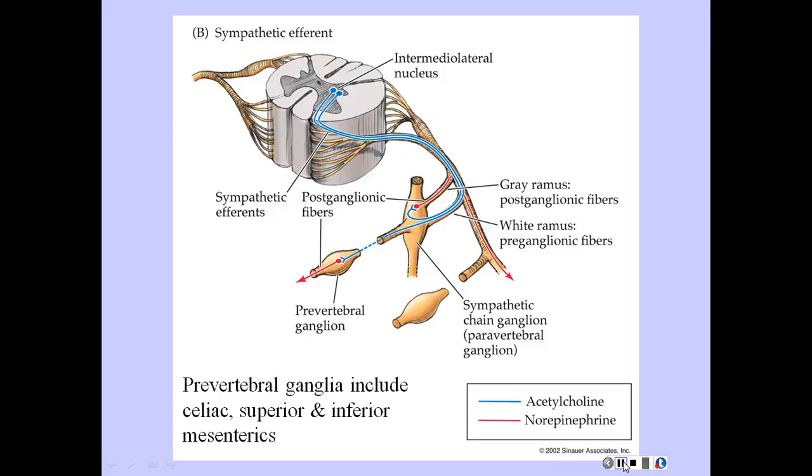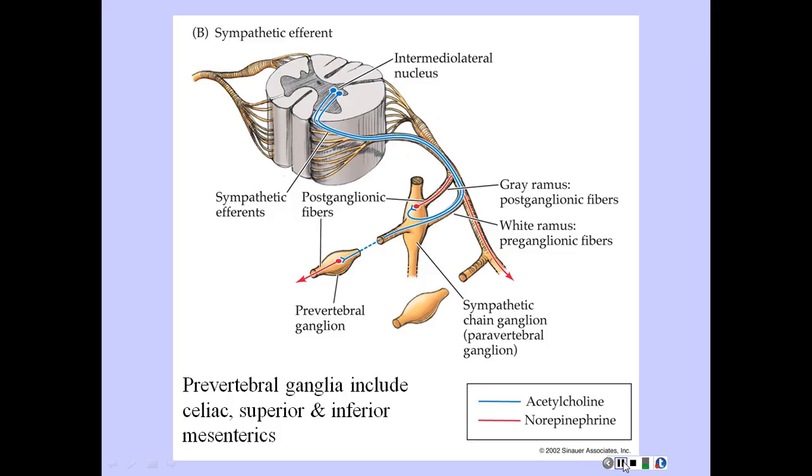The white are the myelinated structures, and the gray are the ones that are not myelinated, which makes them have a more dull appearance by comparison. So if I just go by that simple definition, I know that the white ramus, or the little connection between the spinal nerve and the ganglia, must have myelinated axons.